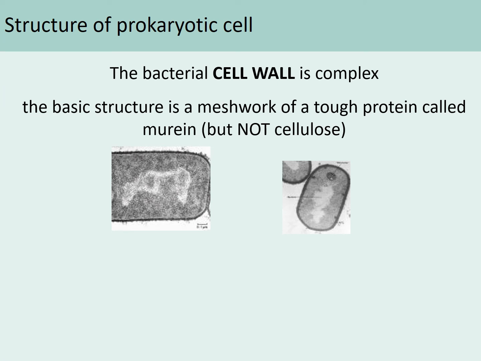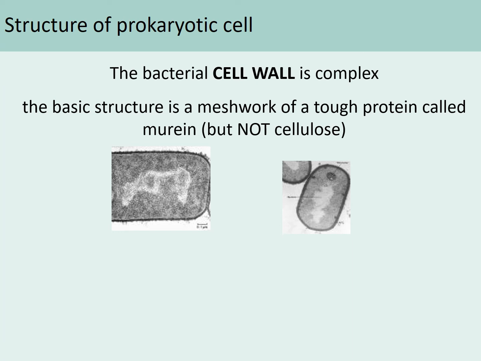Okay, so we need to be able to describe different structures in our eukaryotic cells and our prokaryotic cells, and also looking at the differences between plant cells and prokaryotic cells, or animal cells and prokaryotic cells. So I said to you that in a plant cell, which is eukaryotic, there is a cell wall that is made of cellulose.